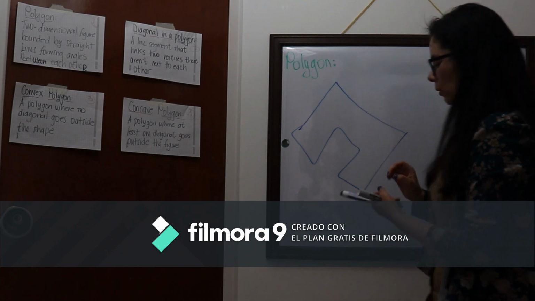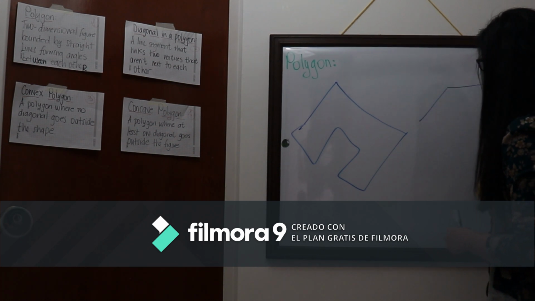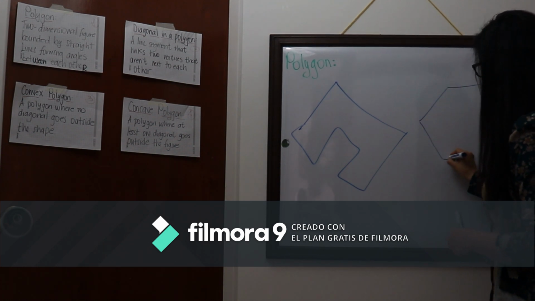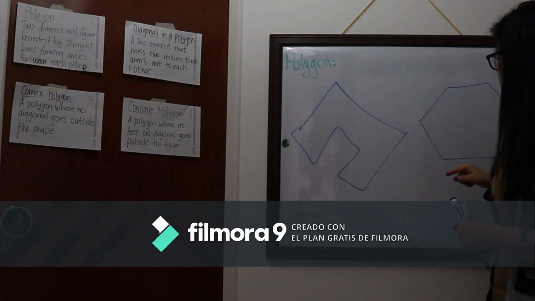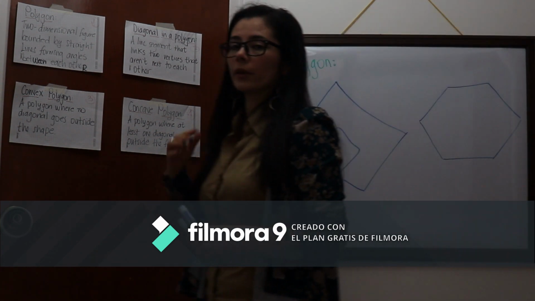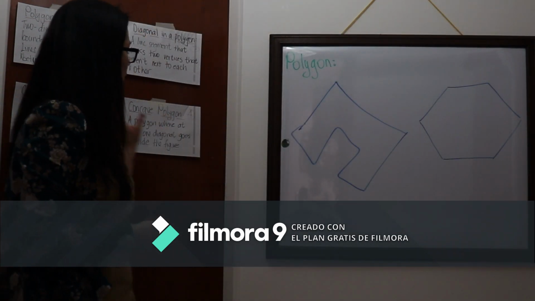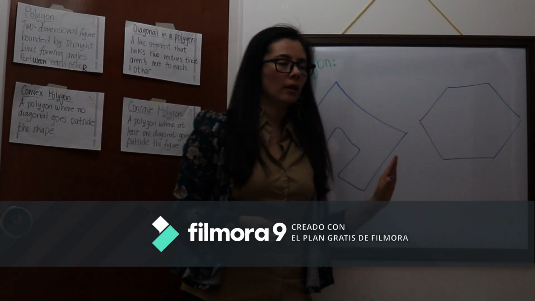Now, this is one type of polygon, but then this is another type of polygon, right? You gotta keep in mind that both are polygons. Because of the definition of polygon, they both are 2-dimensional figures.